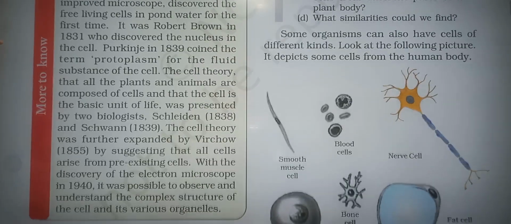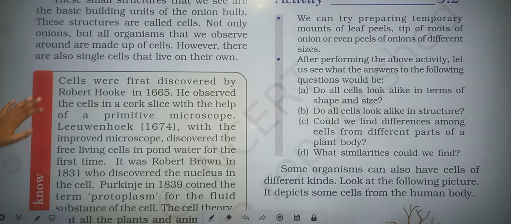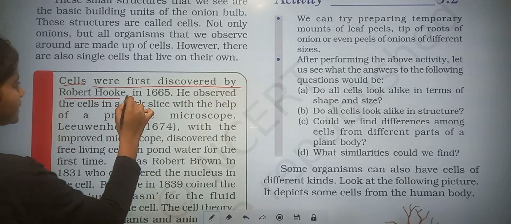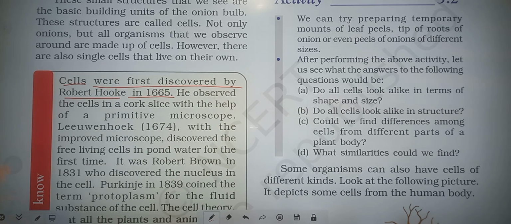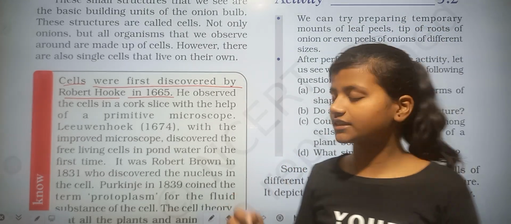So let's read this also. Cells were first discovered by Robert Hooke in the year 1665.